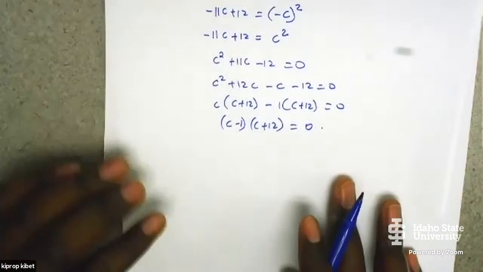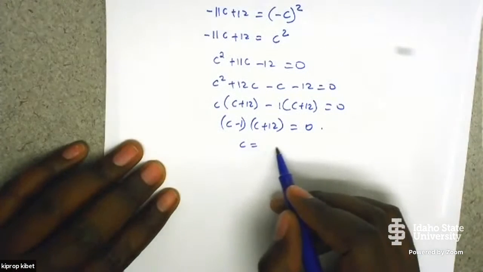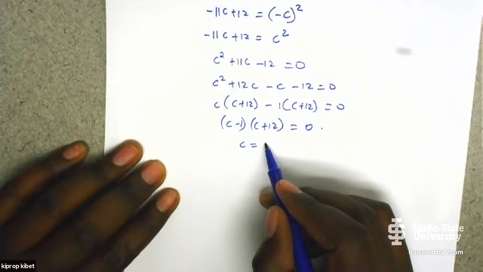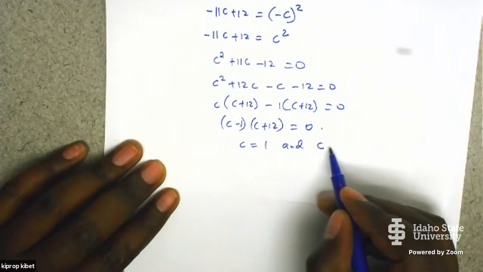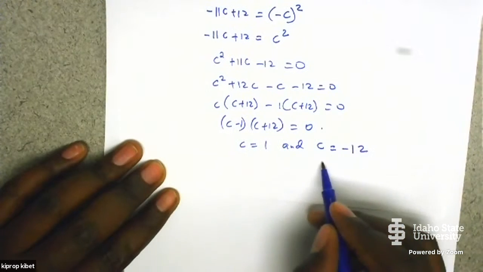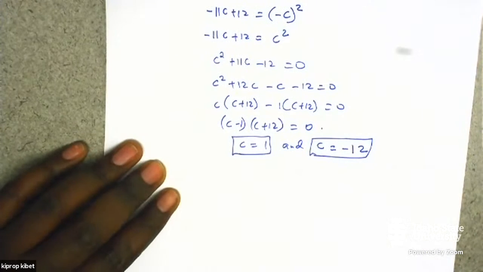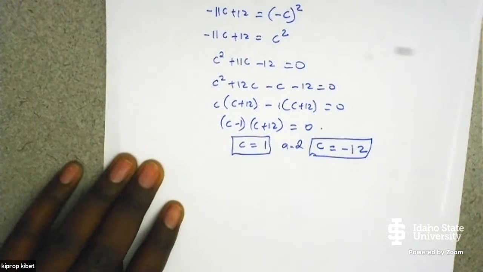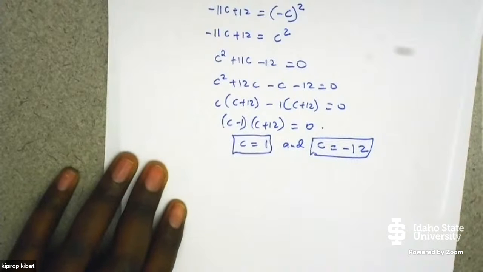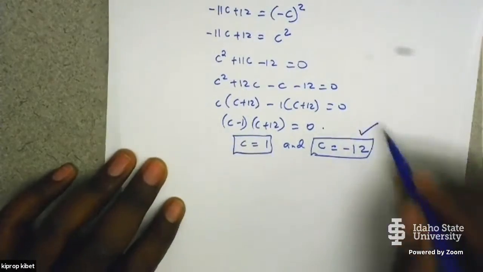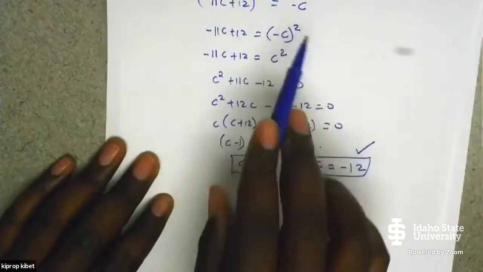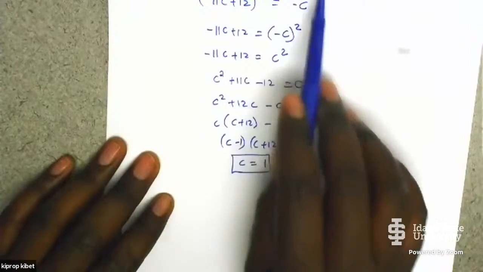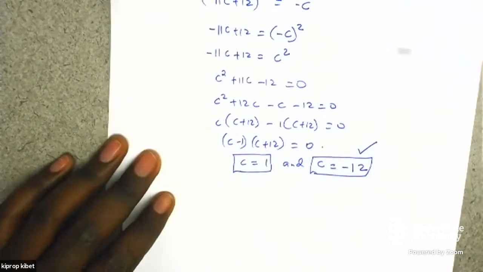So our c equals 1, and our c equals minus 12. Which one among these two can you take for the value of c, without even solving it, proving it? You take minus 12. Because if you take minus 12 to be c, then minus c becomes positive.